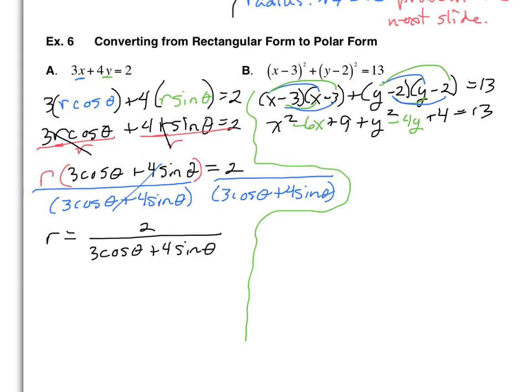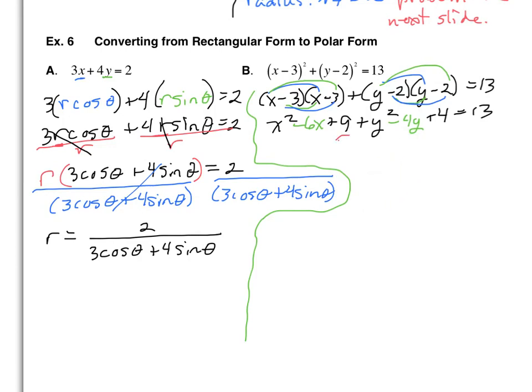So at this point, you just get in the habit of collecting your terms the following way. Knowing the equations that I have for substitution, I want to get the x squared and the y squared together. Why? Because together they are r squared. And then I have a direct substitution for x here, a direct substitution for y there.